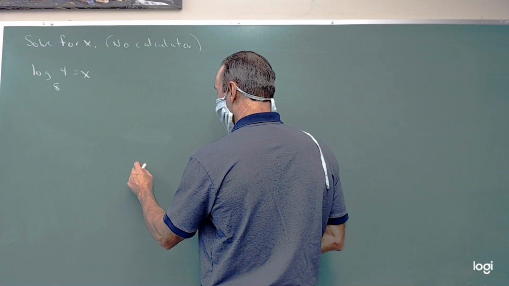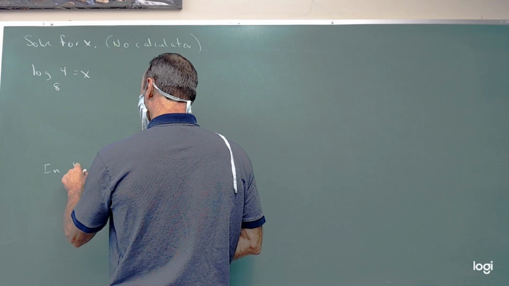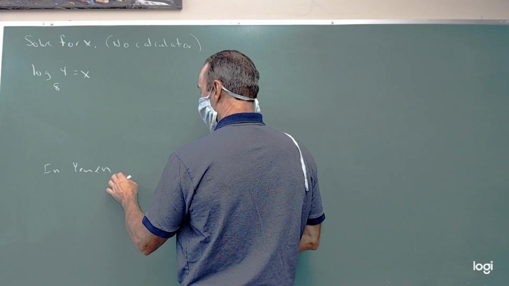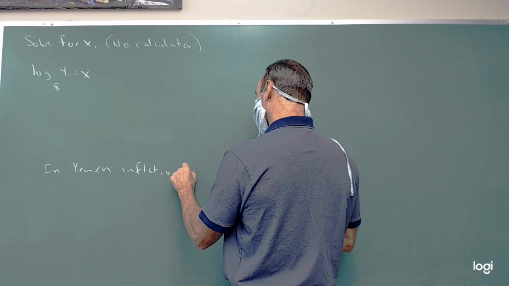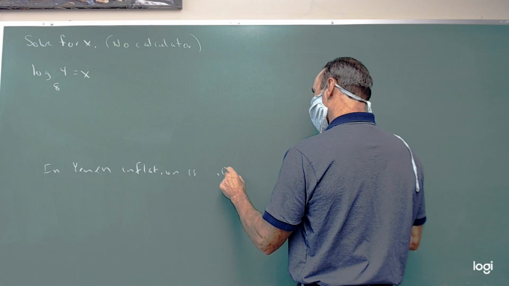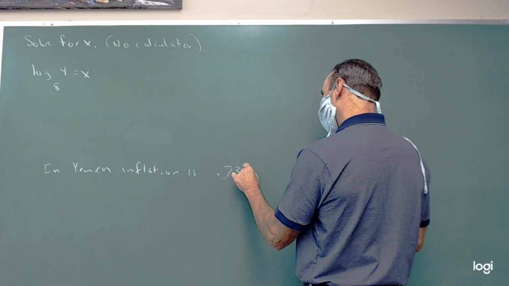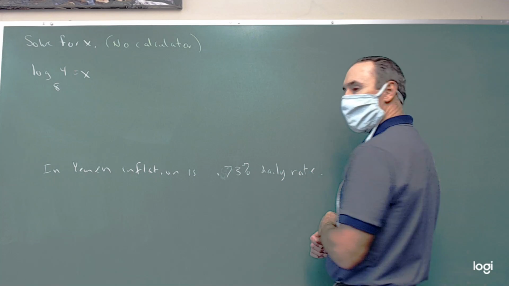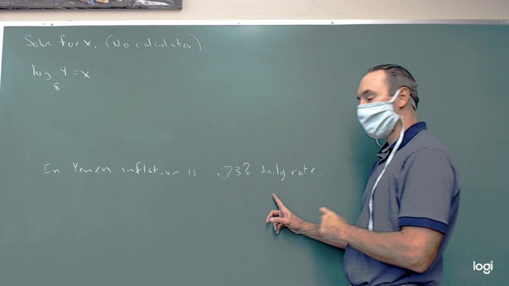So suppose we had, we'll say in Yemen, because that's a country that's in a tough situation now, inflation, we will say, is 0.73% daily rate. I think that'll work. Okay, so now that's a daily rate of inflation.